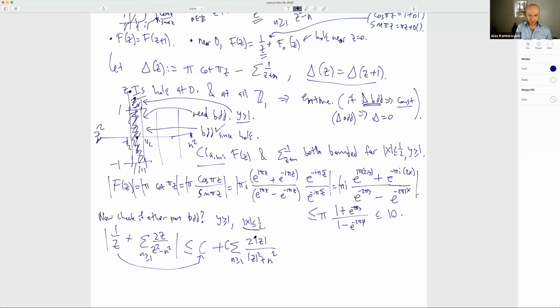Now, this is still not so good, because if I do some naive things, you see I have a sum in n. It's not clear that this is bounded in z. So here's what we're going to do. We're going to control this by the integral from 0 to infinity. Let's call the absolute value of z r. So this is r over r squared plus x squared dx. So I'm replacing n by x, and I'm replacing z by r.